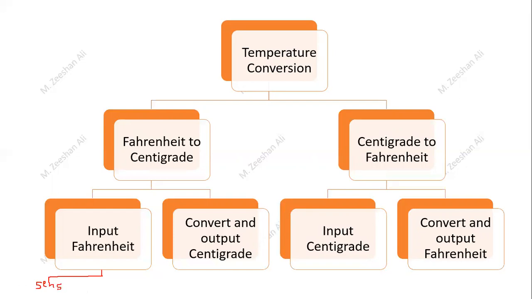And what will be the other way of giving the input? Yes, the input can be given by a human, manual input. If the input is given manually, so there can be two subsystems of input Fahrenheit.